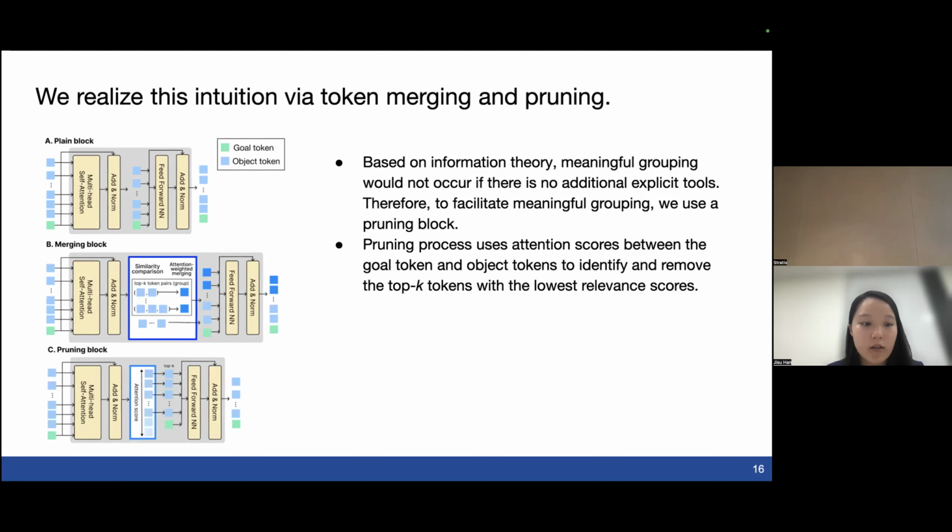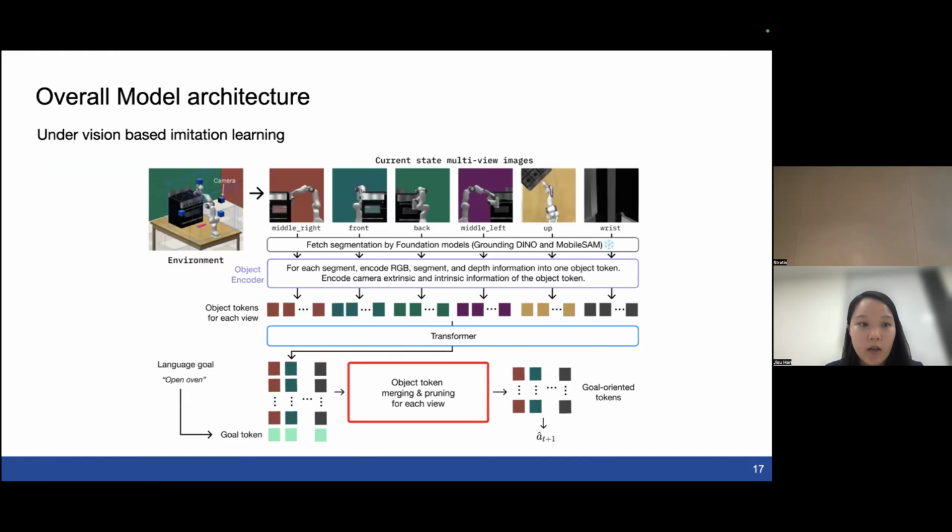Under this block architecture, I also want to present the model architecture. So we utilize this intuition under vision-based imitation learning. Starting from the environment, we fetch multi-view images, which can be the middle right, the front and the wrist information. And we fetch the segmentation by utilizing foundation models.